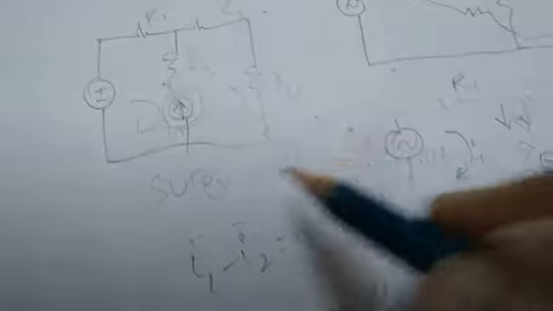By opening your current source, the current in this branch will be 0. Then we assume the total equation of the circuit.